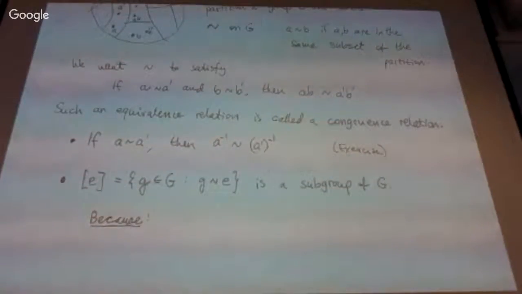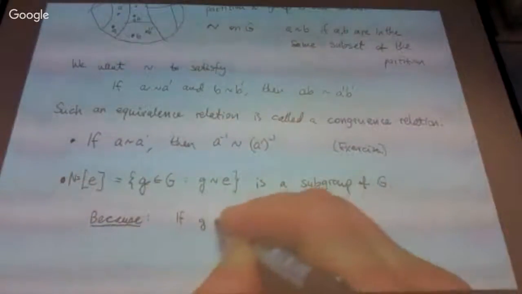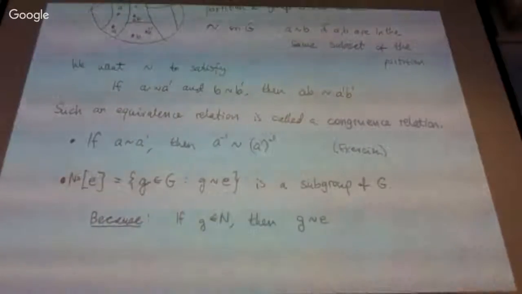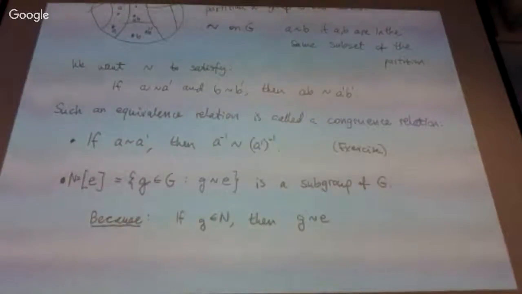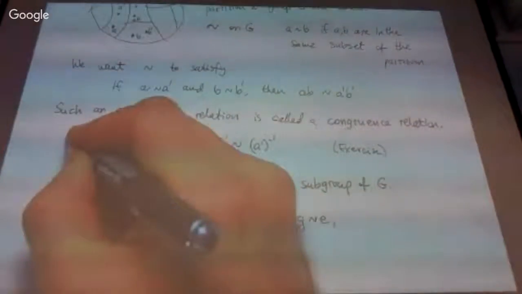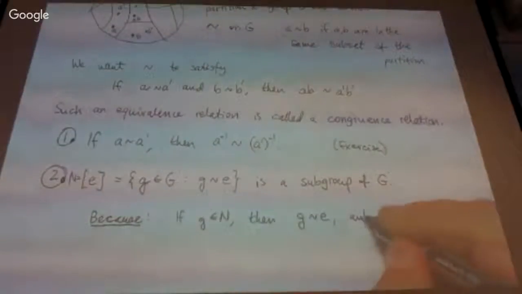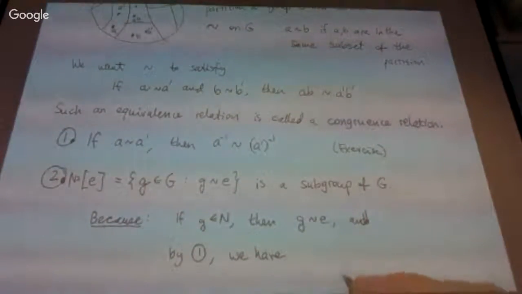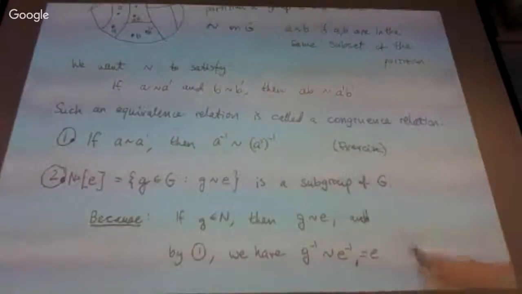Why is that? Well, I'll call this N. If g is in N, then g is congruent to e, the identity, by definition of N. And by the first bit, we have g inverse is congruent to e inverse. Well, that's just the identity again.